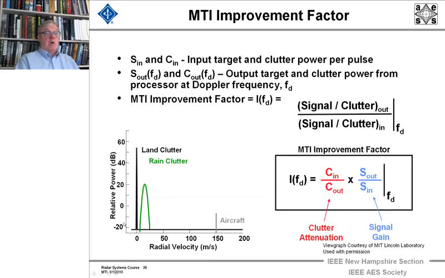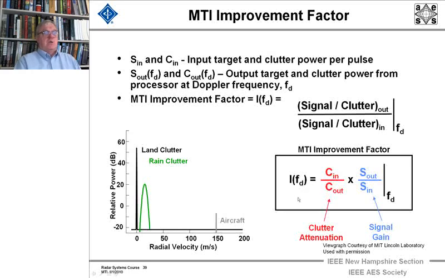And this is relative power. And this is made up of, intuitively, how much you attenuate the clutter and how much is the signal gain. And that is the number of pulses that you're coherently processing. That ratio.